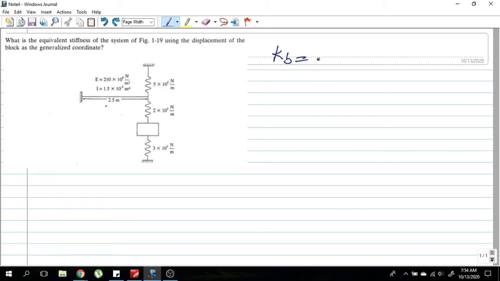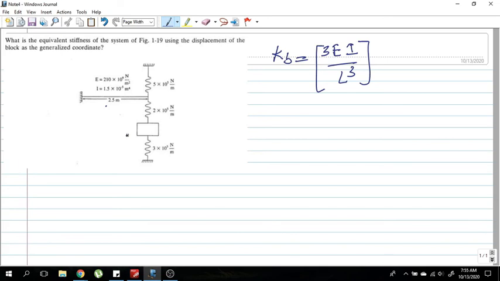Since we don't know the value of the concentrated load, we can treat it as a unit load. Here E is given, I is given, and we know the length of the beam as well. Therefore, you can calculate the stiffness of the beam.